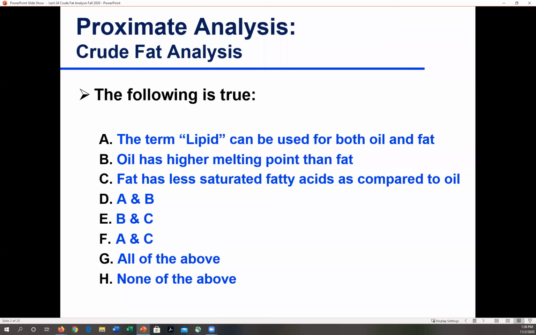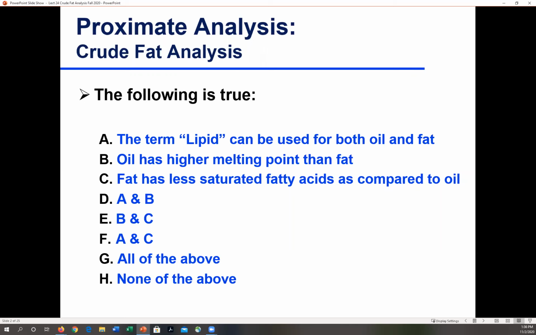Okay, let's see. We're getting a lot of different answers, but one correct one that I see is A. So A is the only correct one. Lipid is a term that is used interchangeably for oil or fat. Oil is liquid at room temperature, fat is solid at room temperature.